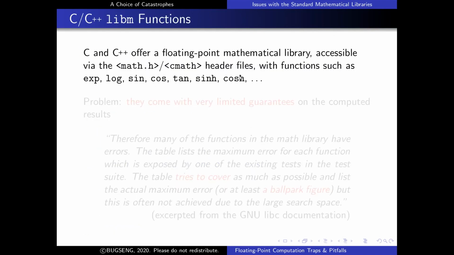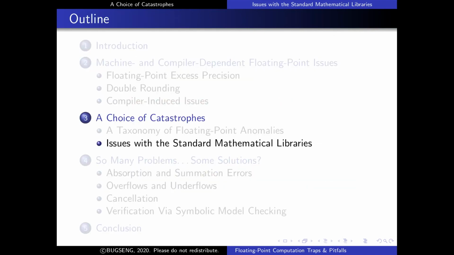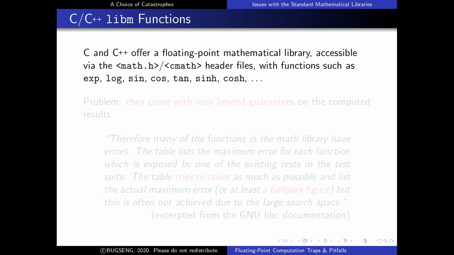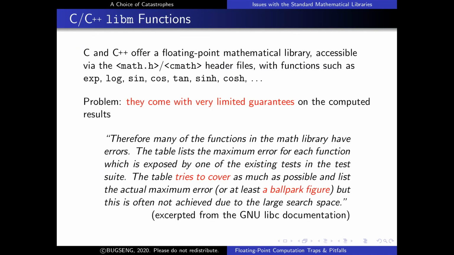So let us go to the issue with standard mathematical libraries. C and C++ offer a floating point mathematical library. They contain functions such as exponentiation, natural logarithm, sine, cosine, the hyperbolic functions, and so on. What is the problem? They come with very little guarantees on the computed result.